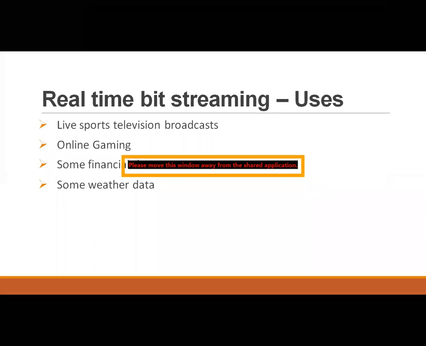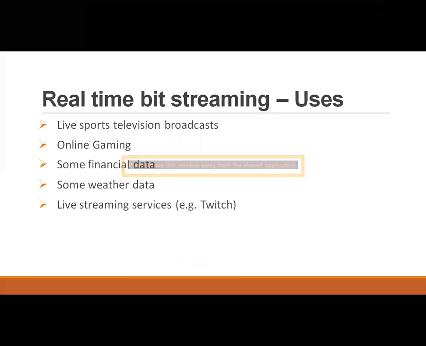The weather data is also streamed in real time. All the changes in weather are updated as they are happening, as they are recorded. There are live streaming services, for example Twitch, where you can make your own streaming channel and start streaming videos.